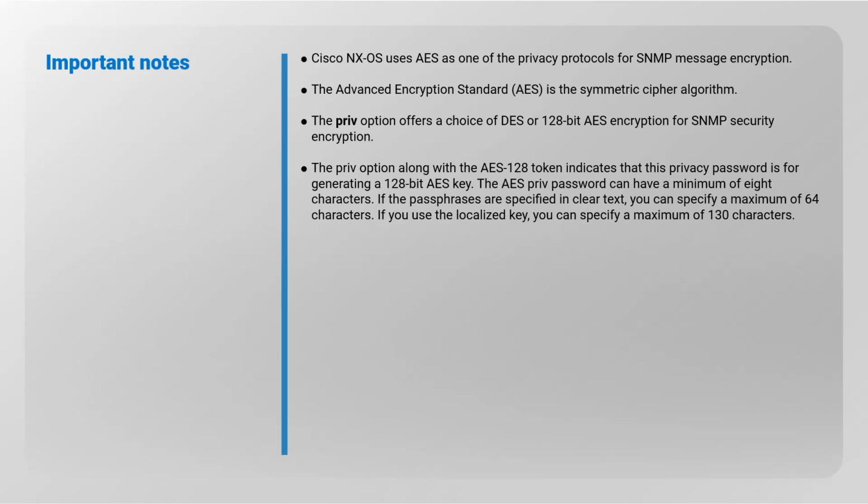The priv option along with the AES 128 token indicates that this privacy password is for generating a 128-bit AES key. The AES priv password can have a minimum of 8 characters. If the passphrases are specified in clear text, you can specify a maximum of 64 characters. If you use the localized key, you can specify a maximum of 130 characters.